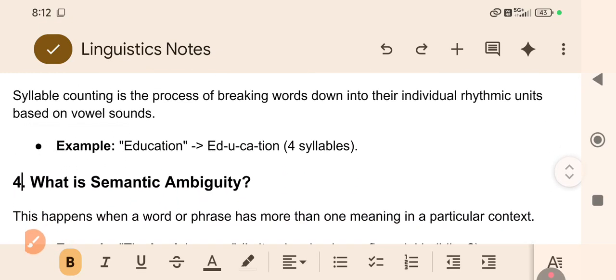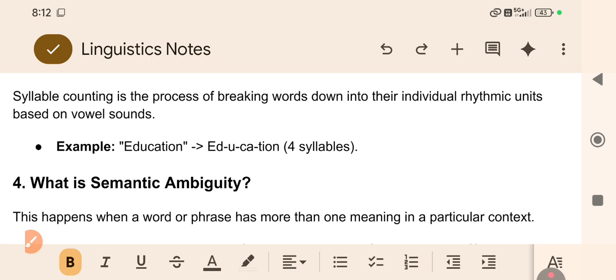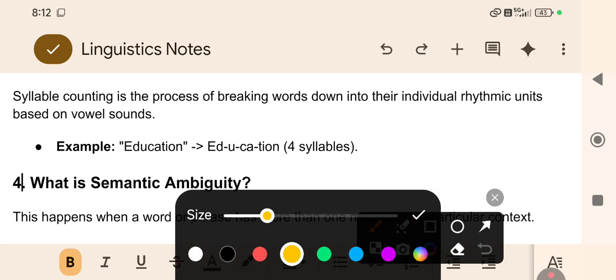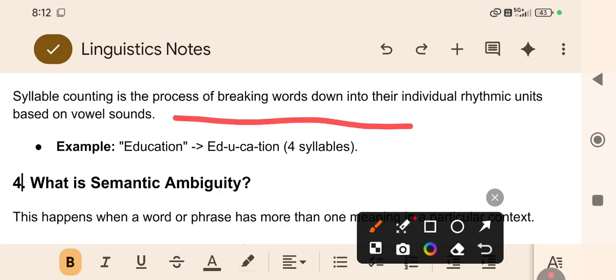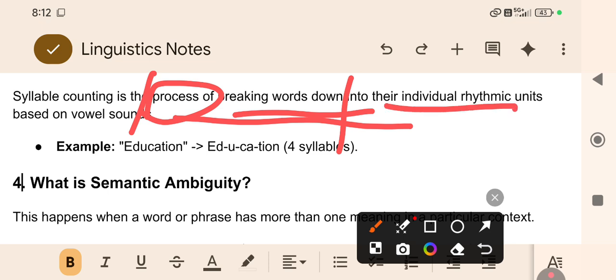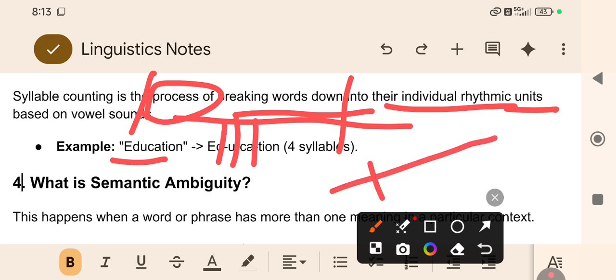Now, syllable counting is a process of breaking words down. Words are broken down into their individual rhythmic units, right? Based on education. Education, four syllable word. So what's the role of syllable counting?